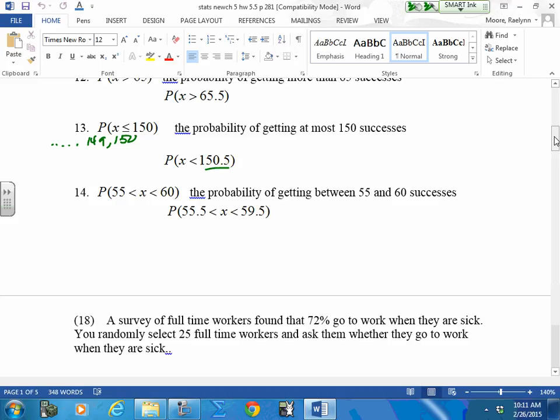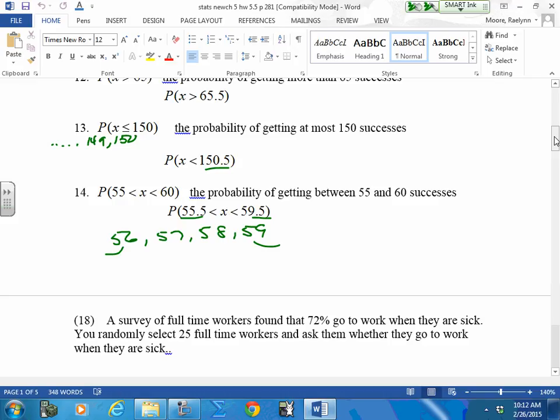And the in-between, here's your numbers. Now, it's not including, here's the difference. It's not including 55. It's not including 60. So I take this one and bring it down. I take this one and bring it up.